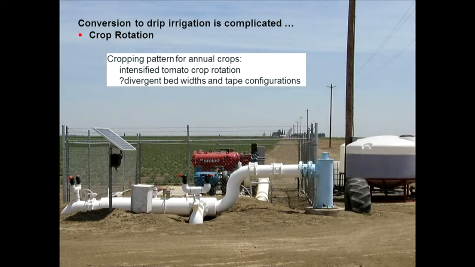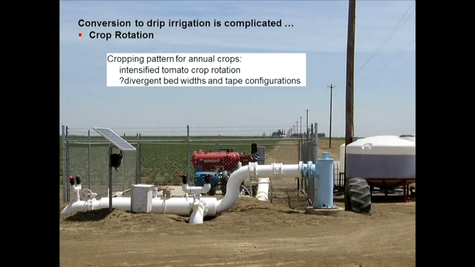Dan talked about divergent bed widths. People are playing with that. Primarily, I'd say it's not so much tomato-driven as rotation-driven. There are other crops that would fit better on a different bed configuration. Melons is one example of that. As Dan has talked about, for tomatoes, a single drip line would be sufficient for a 5-foot bed or an 80-inch wide bed.